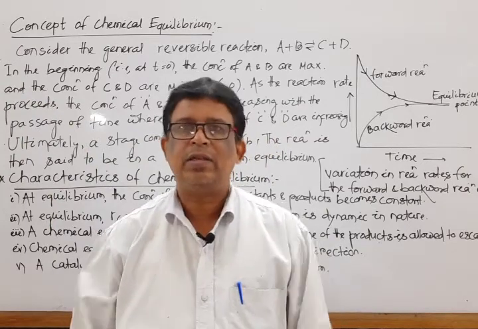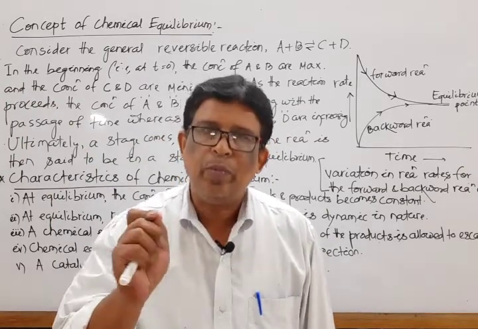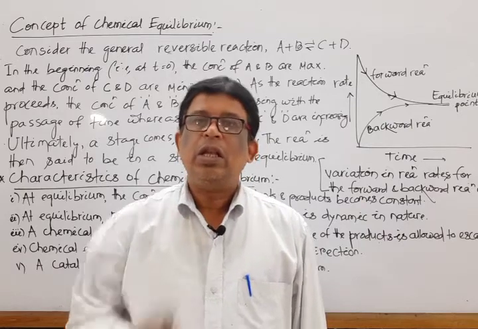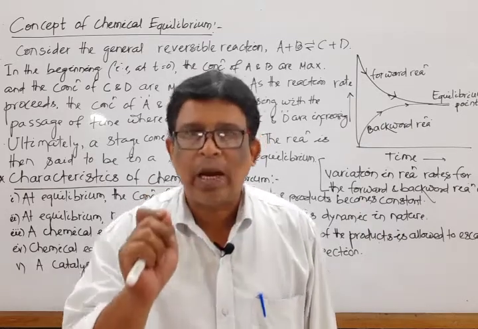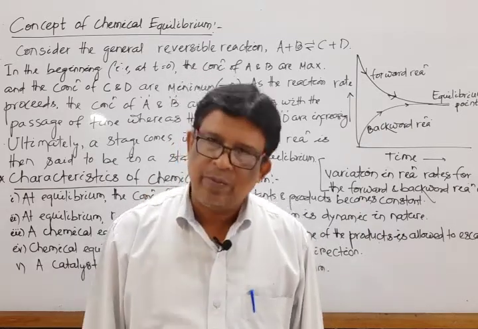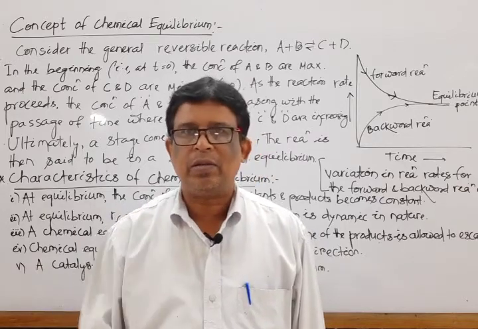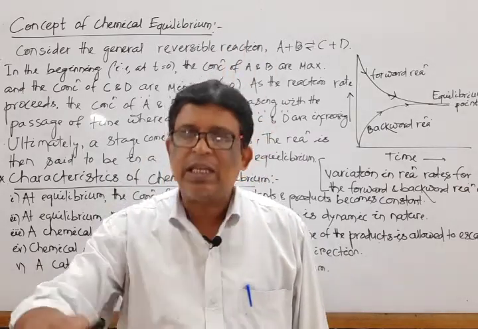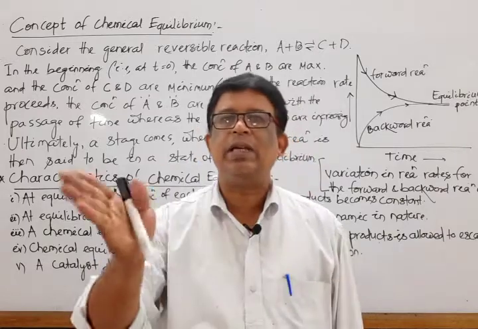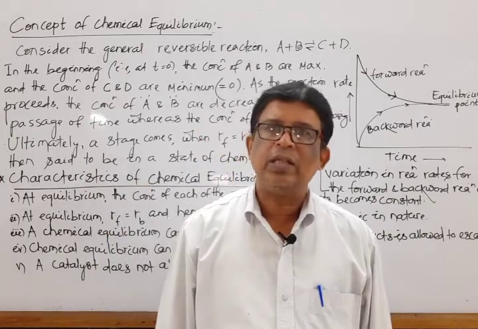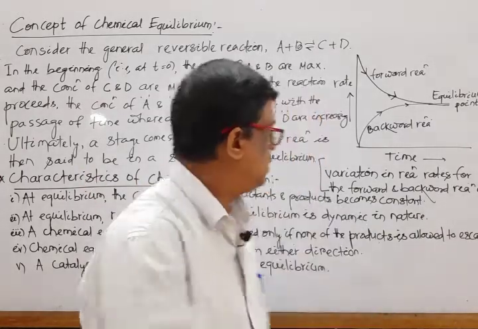A time is reached, known as the equilibrium point, in which RF, the rate of forward reaction, is equal to RB, the rate of backward reaction. The decrease in concentration of reactant is equal to the increase in concentration of product; that is known as the equilibrium point. Mark that, this is the graph.